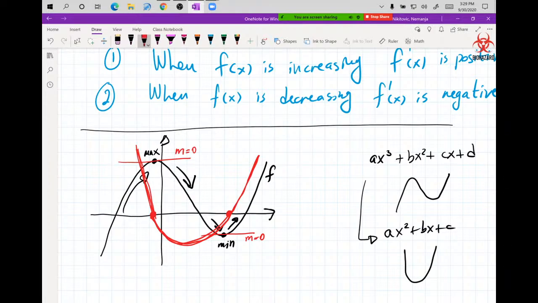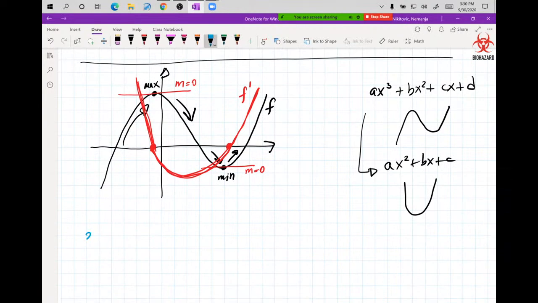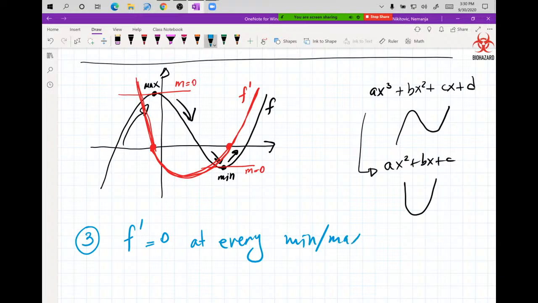So now we have f and f prime. And remember, I don't know equations here. I don't know any of the equations. So now we discovered the third point, and that third point says that f prime equals 0 at every min-max of f of x.